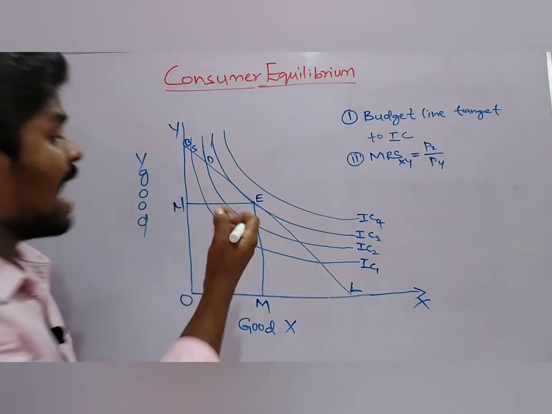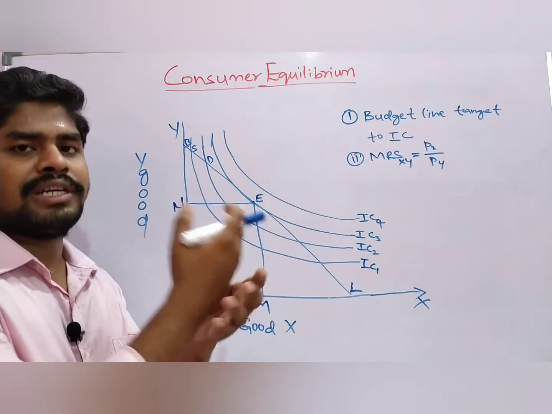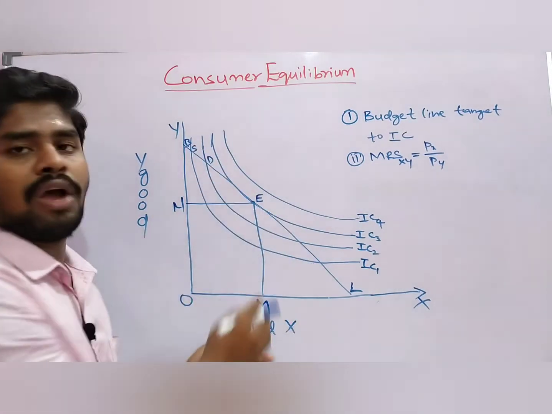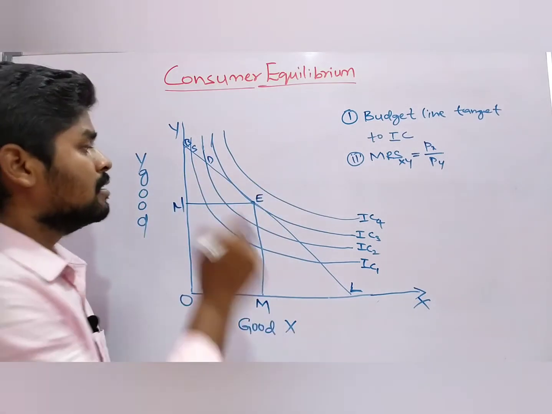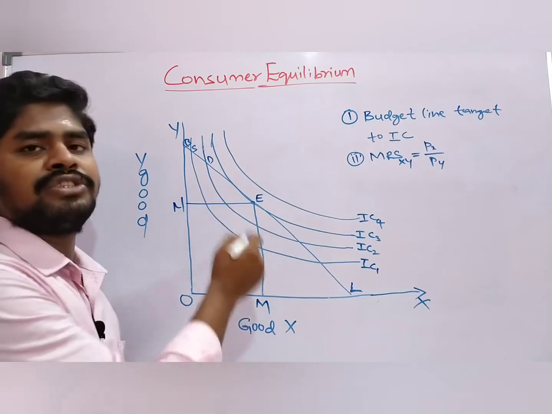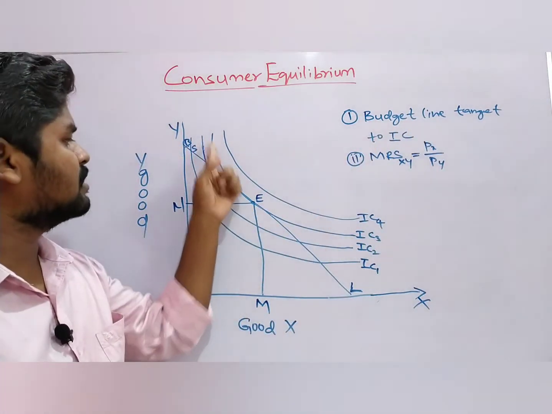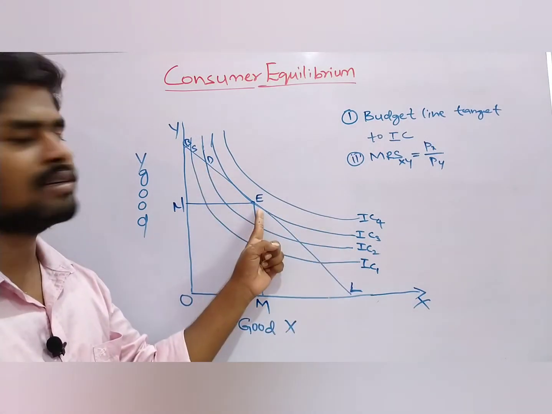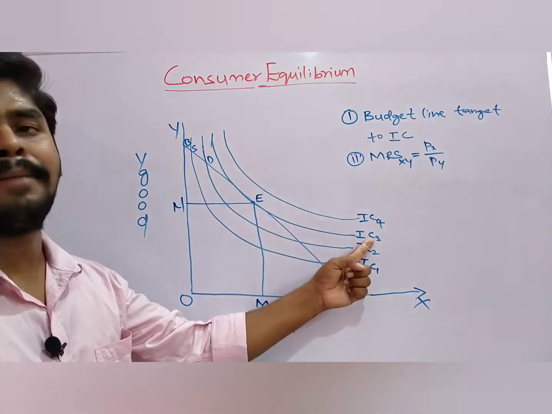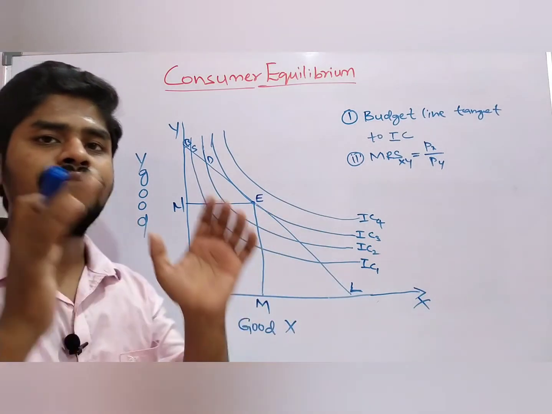The consumer has a budget constraint, and his entire income is exhausted on the budget line. At point E, the budget line is tangent to IC3, which is the consumer equilibrium point.